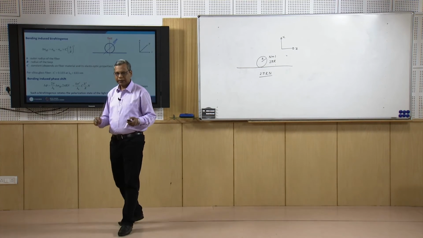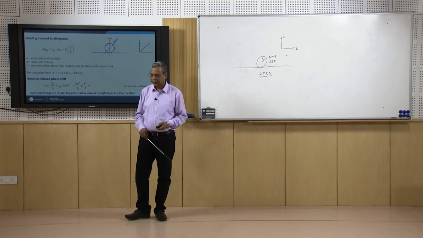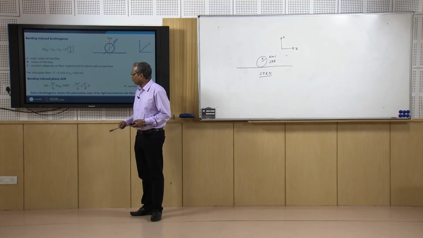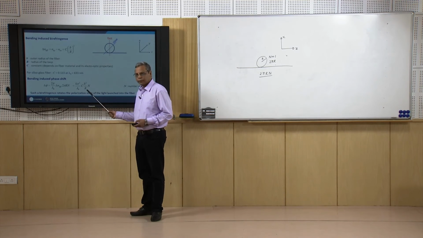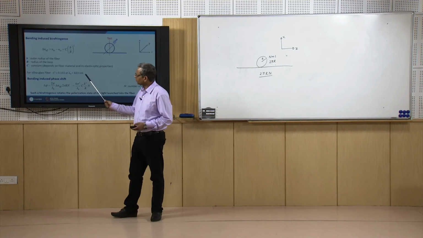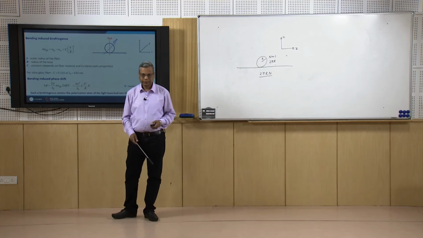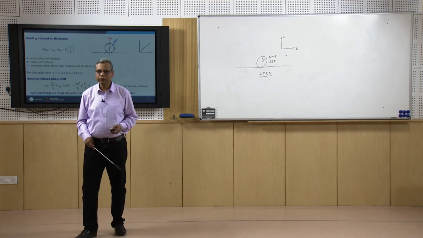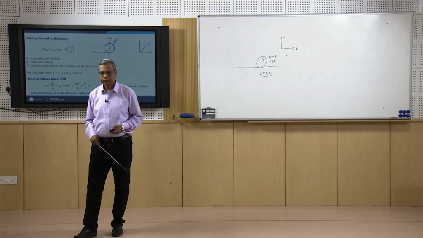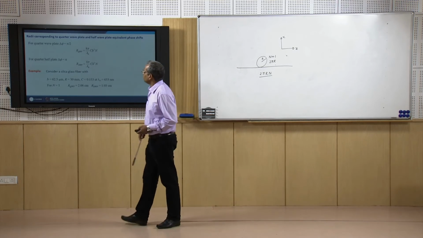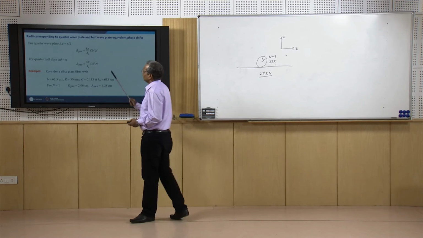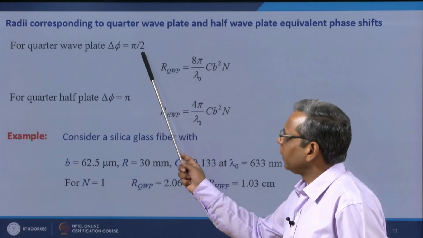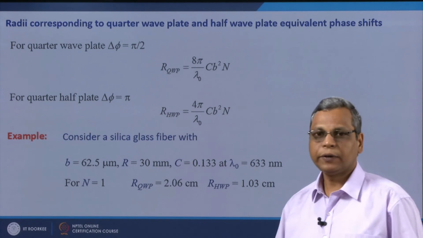Let us say I take n equal to 1 and then I calculate what would be the radius of the loop to introduce a phase shift of pi, or what is the radius of the loop to introduce a phase shift of pi by 2. And I know that a phase shift of pi by 2 corresponds to a quarter wave plate.